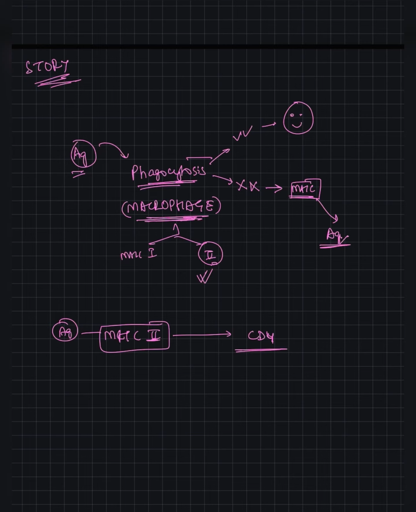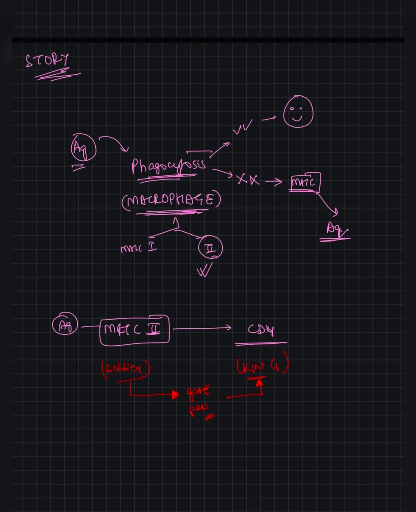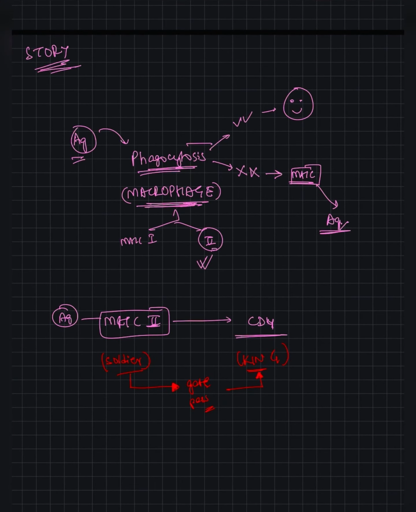Now we will consider the CD4 as the king and the MHC2 complex as a soldier. In order to meet the king, the soldier will have to show a gate pass saying, I am not your enemy, I am a member of your kingdom, of your army. After looking at the gate pass, the king will allow the soldier to enter his palace and meet him.